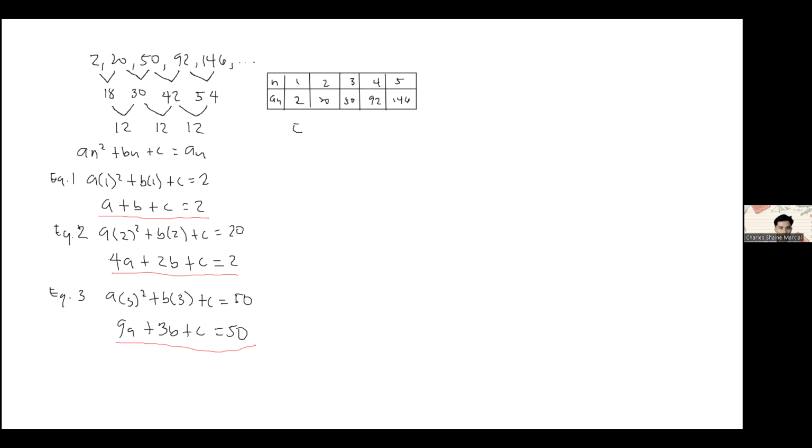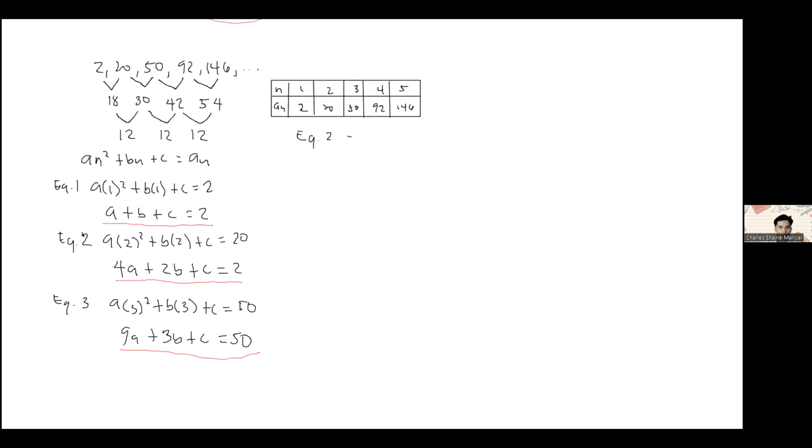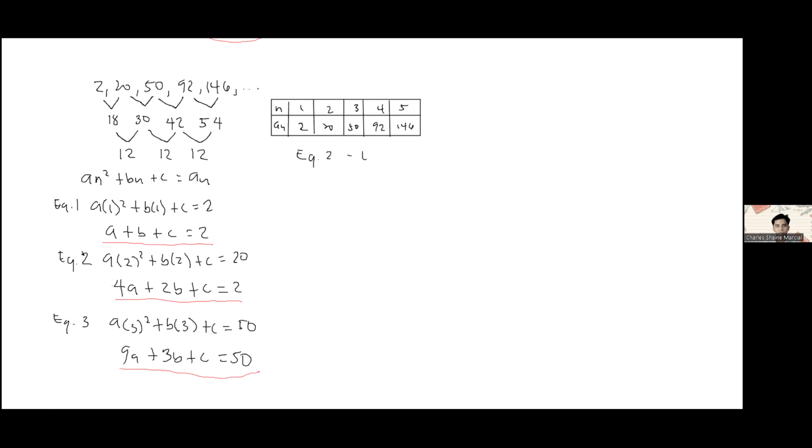So, I have equation 2 minus equation 1. So, yung equation 2 is 4a plus 2b plus c is equal to 20, minus the quantity of a plus b plus c, 2 pala ito, is equal to 2.